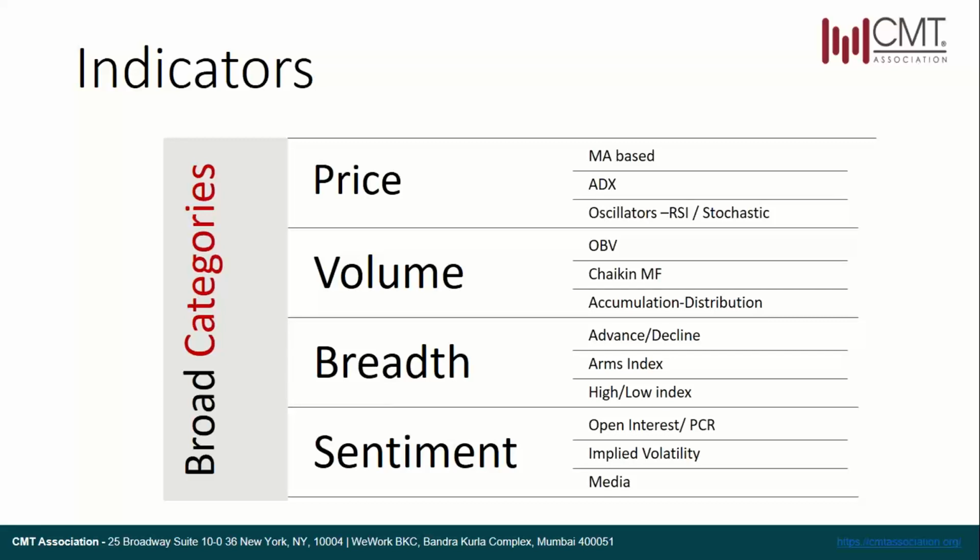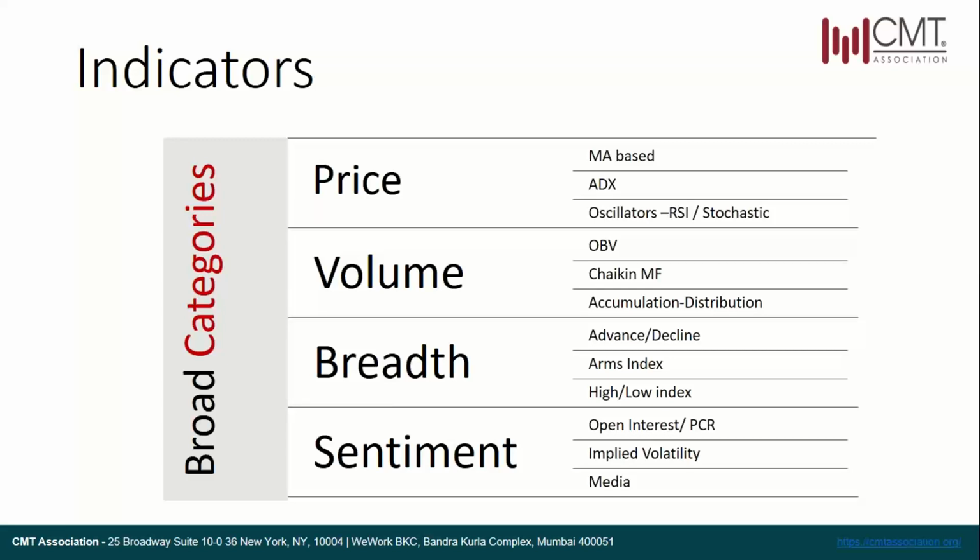Then we have the ADX indicator, which is used to determine the strength of the trend, and of course oscillators like RSI and stochastics. This is in terms of price indicators, and there are a whole host of other indicators which I'm not mentioning here.